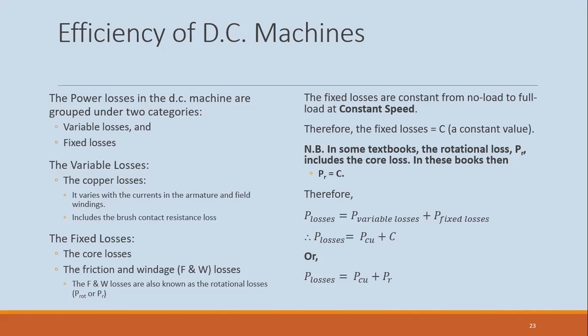All right. So those fixed losses are called constant losses, and in our textbooks, they are denoted by the letter C to indicate a constant value.